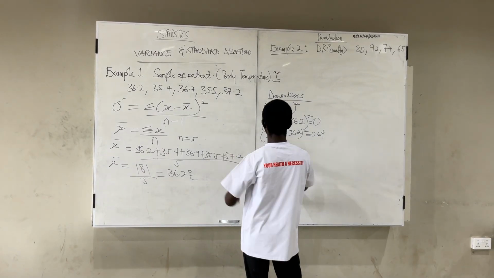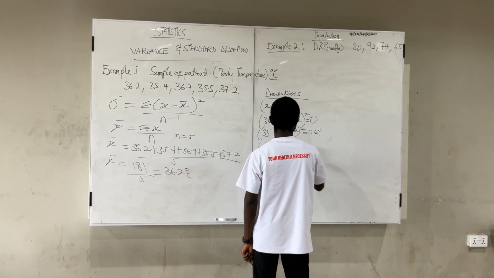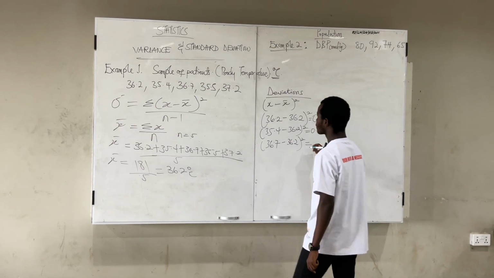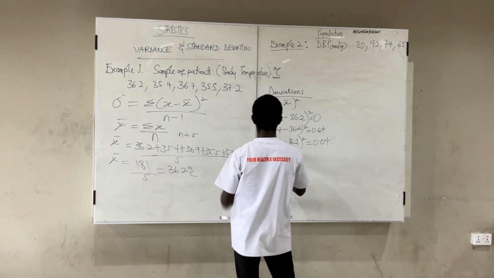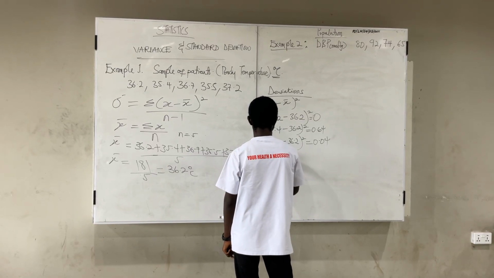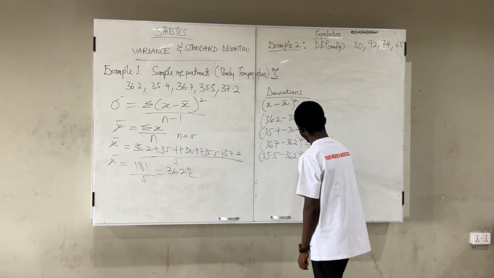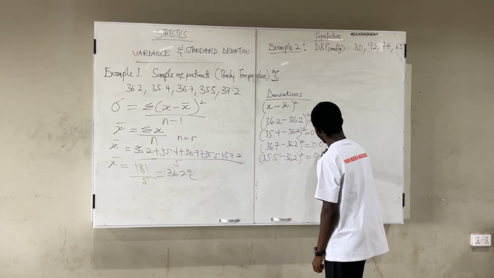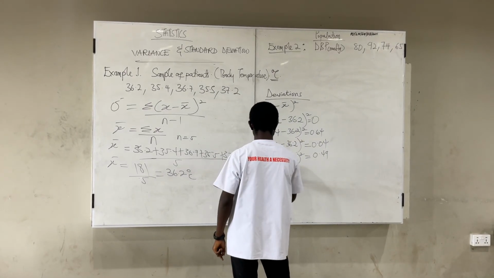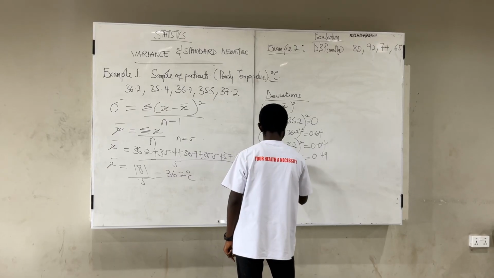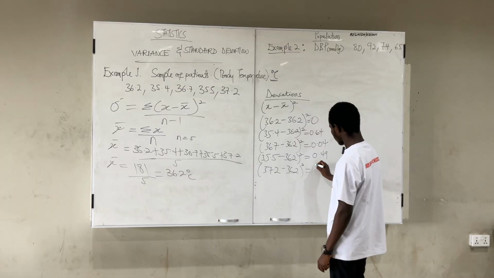The next one is 36.7. 36.7 minus 36.2, and you square the answer, which will give you 0.04. Then the next one is 35.5. 35.5 minus the mean, which is 36.2, squared, to give you 0.49. Then the last one is 37.2 minus 36.2 squared, which will give you 1.